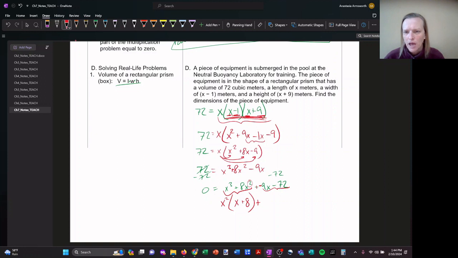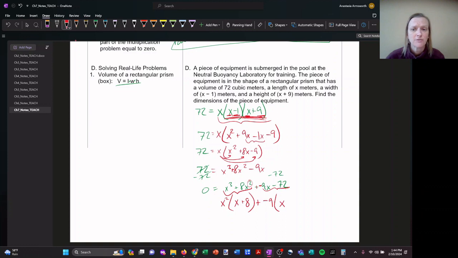Let's see, 9 here and 72 here. 72 is divisible by 9, and they're both negative. So not only can I pull out a 9, I can pull out a negative 9. So I'm going to pull out a negative 9 here. And then what's left inside parentheses? Well, I didn't pull out any x values because 72 didn't have an x attached to it.